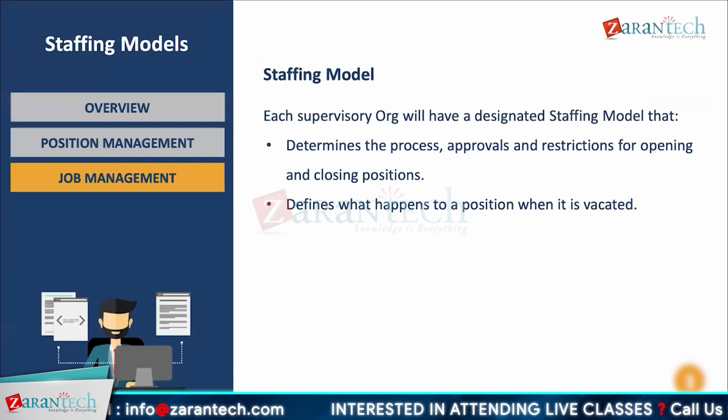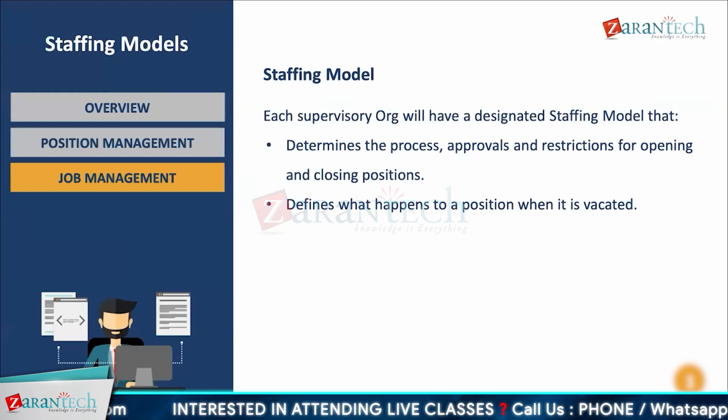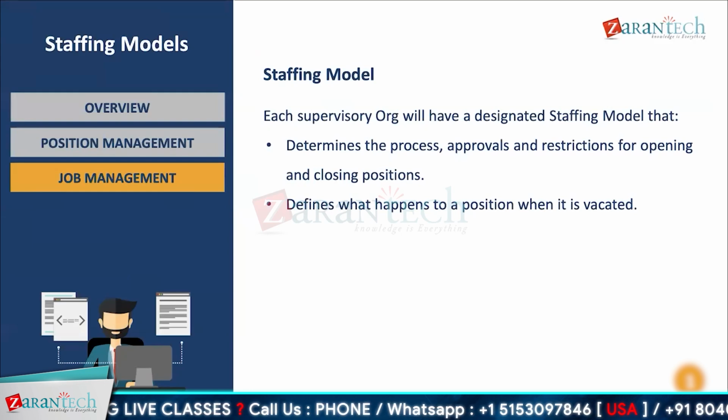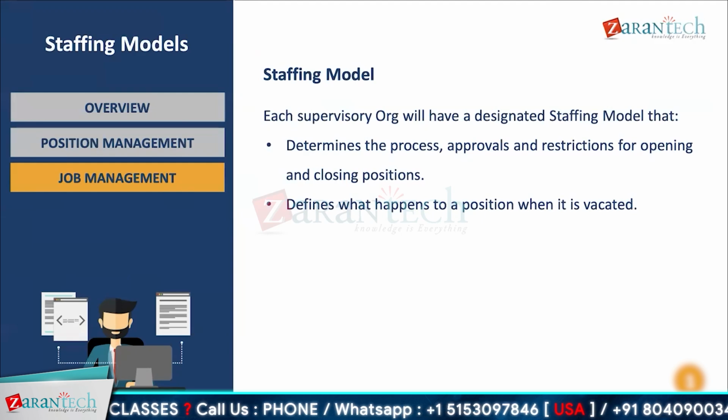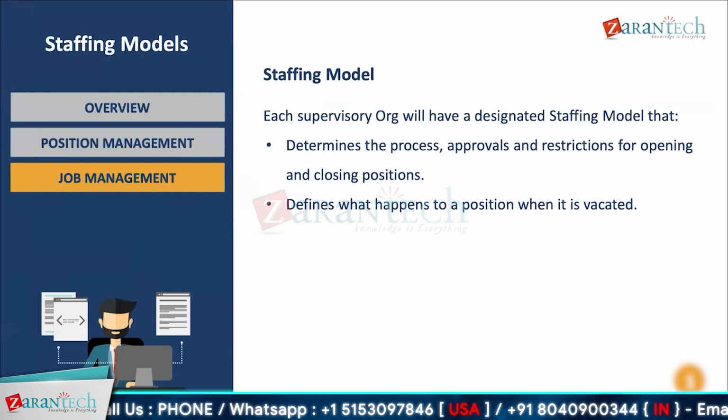Coming to the next type of model, which is the job management staffing model. In this model, there is a specific process. There is usually a chain of choices that defines what happens to a position when it is vacated.